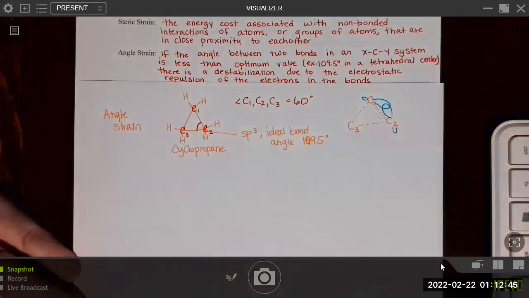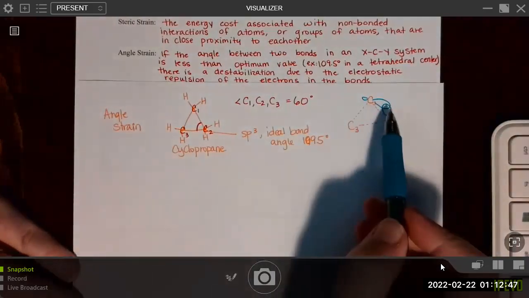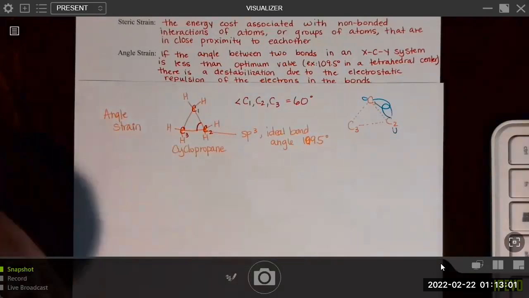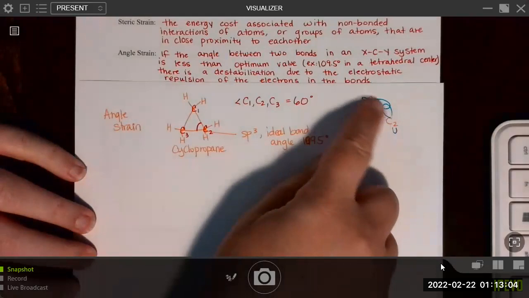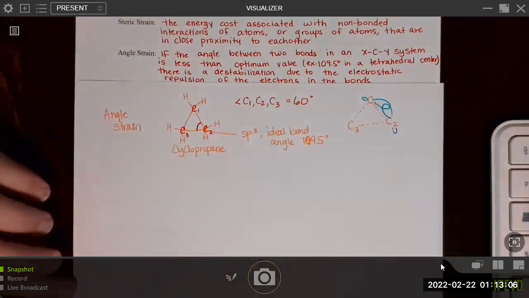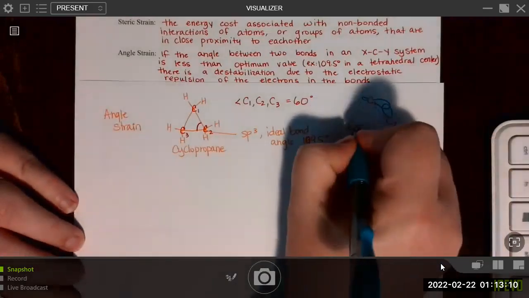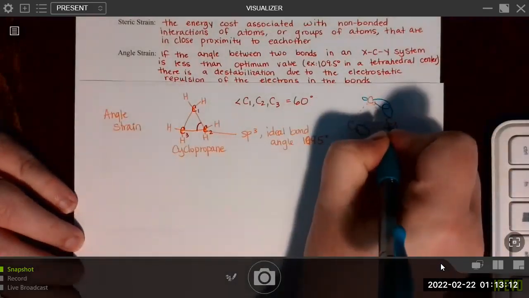And so they give up a little bit of overlapped area, because of course, if you had head-to-head overlap, there would be maximal overlapped area, which makes for a stronger bond. But they're giving that up in order to get a slightly larger angle between all of the carbon-carbon bonds here. So in all cases, we say they pucker out.